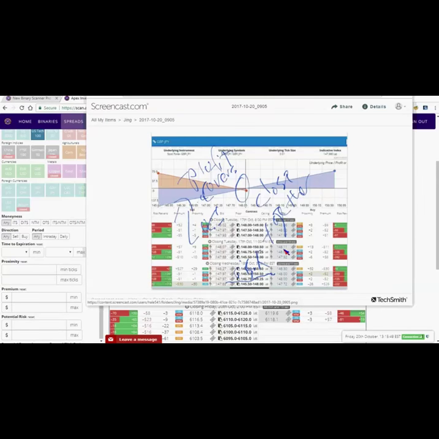I've had a request to repeat it. The original trade that we're taking in this example is expecting it to go up. So we wanted a buy that has 145.5 to 150.5.